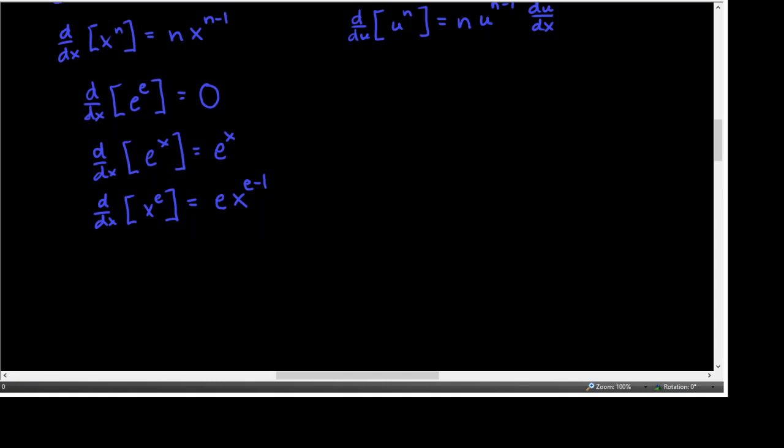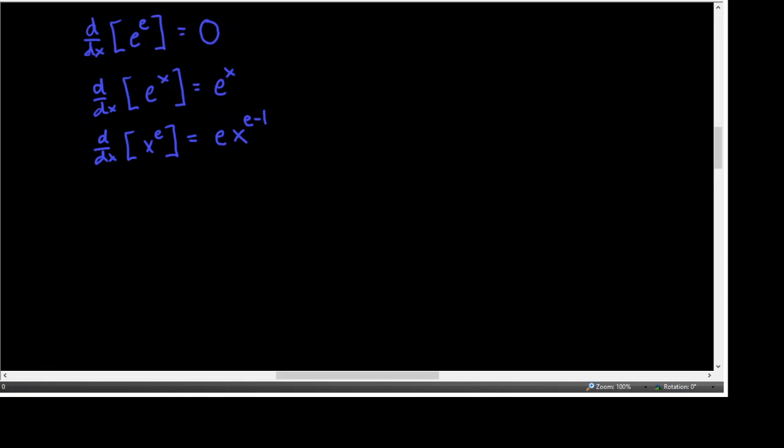Okay, now the next question is, what is the derivative of x to the x? Well, x is a variable, and it's a variable in both positions. Both the base and the exponent are variable, and that is not covered by any of the rules that we already know.